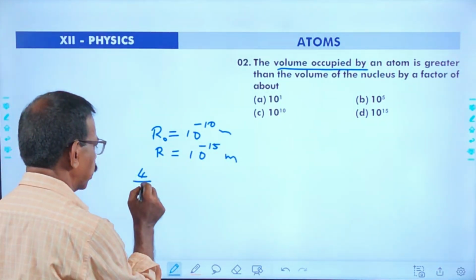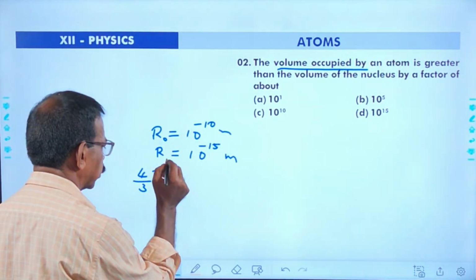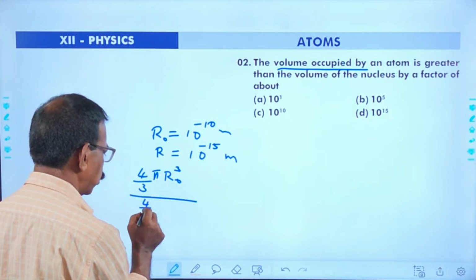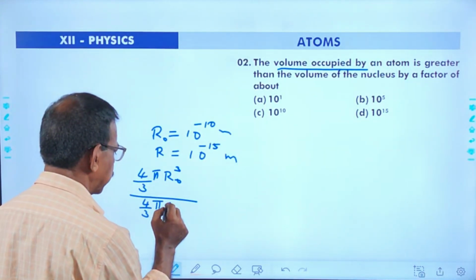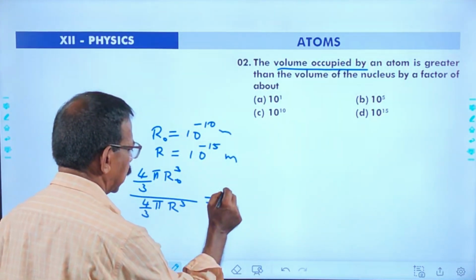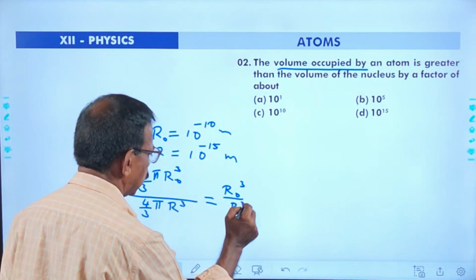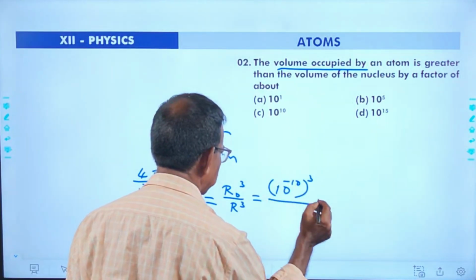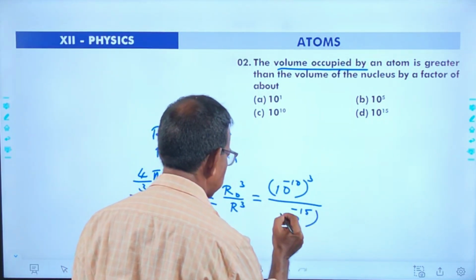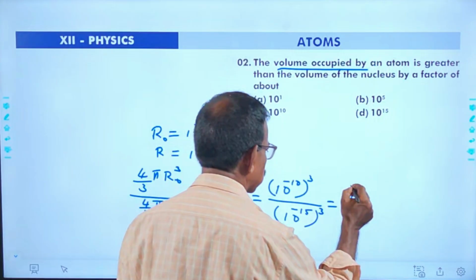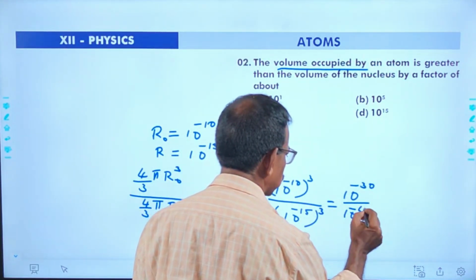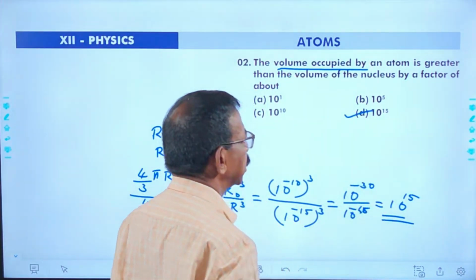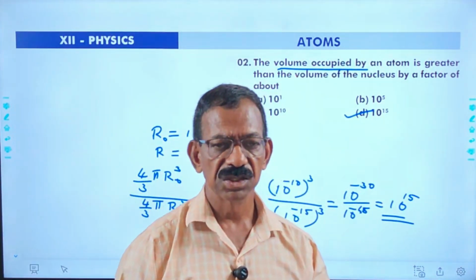The volume of the atom is 4 by 3 pi r0 cube, and the volume of the nucleus is 4 by 3 pi r cube. That means it is r0 cube by r cube, that is 10 raised to minus 10 the whole cube for the atom, and 10 raised to minus 15 the whole cube for the nucleus. We get 10 raised to minus 30 divided by 10 raised to minus 45, equal to 10 raised to 15. Hence, the correct answer is option D. The volume is 10 raised to 15 times.